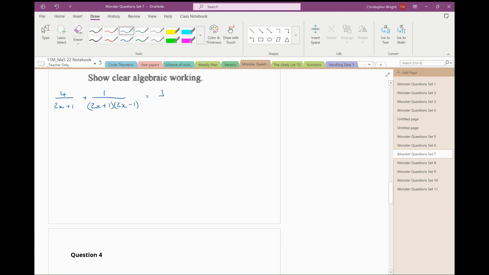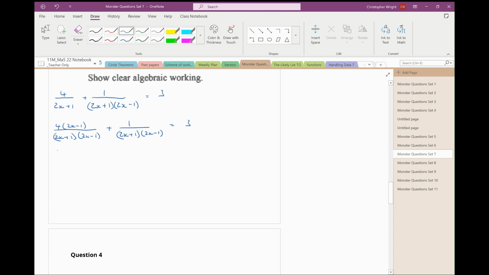I'm going to add the two fractions on the left-hand side. So I'm going to have 4 lots of 2x minus 1 over 2x plus 1, 2x minus 1, plus 1 over 2x plus 1, 2x minus 1, equals 3.